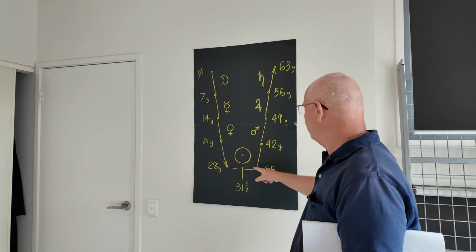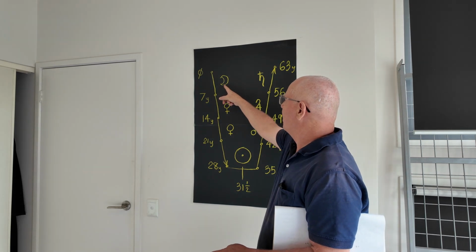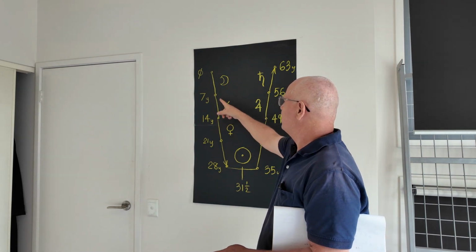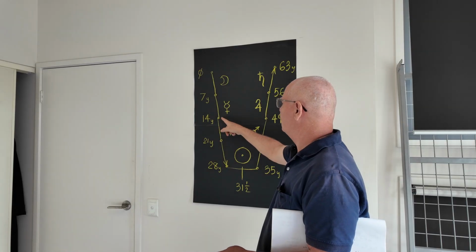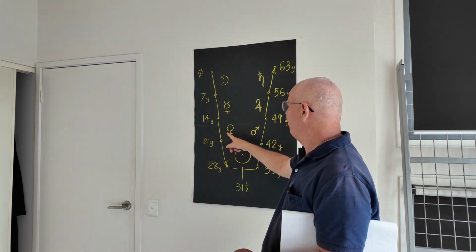These three periods all correspond to the sun. The first period of life is the moon. This period from change of teeth to puberty, Mercury. From puberty to 21, Venus.